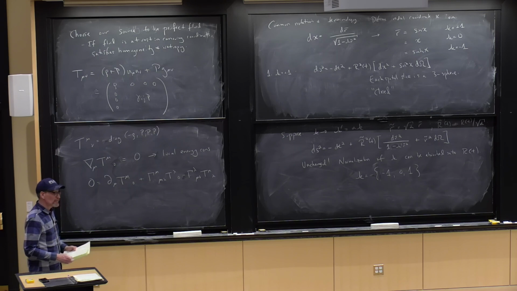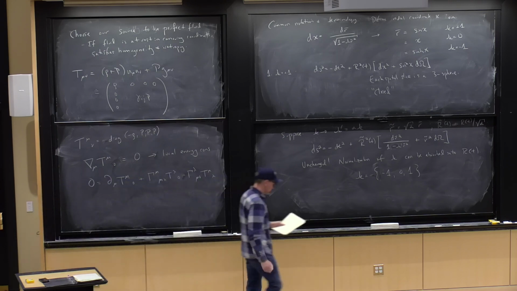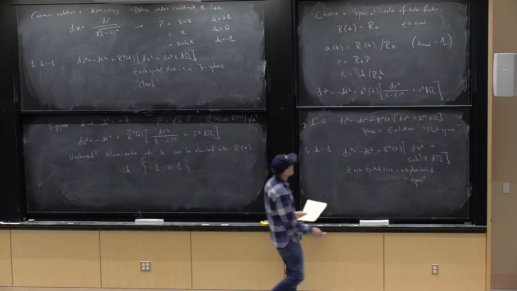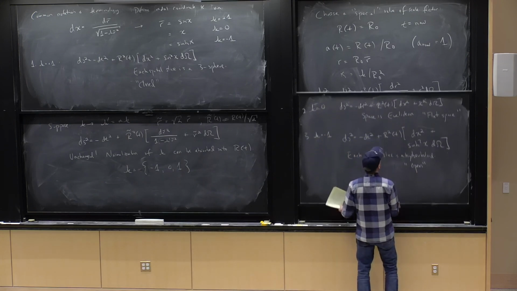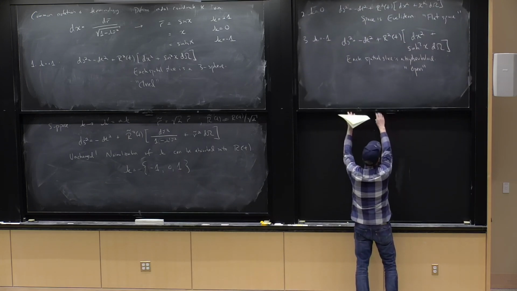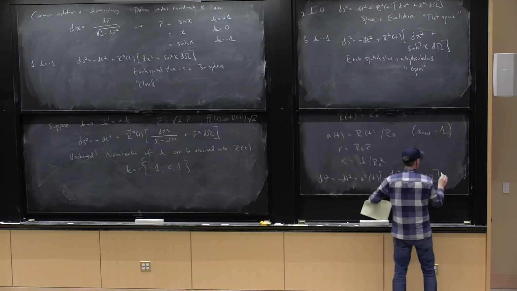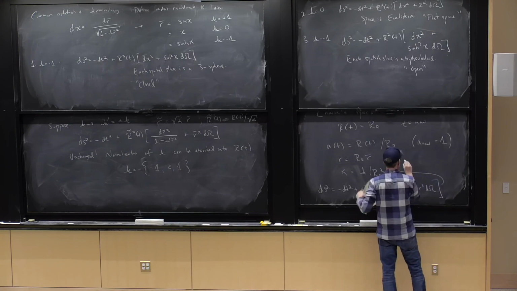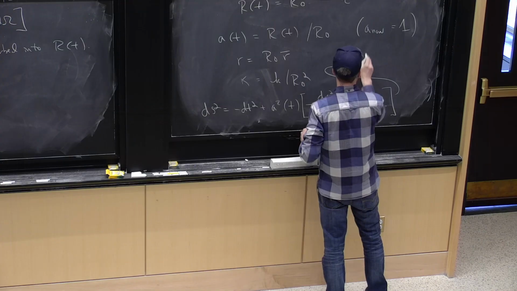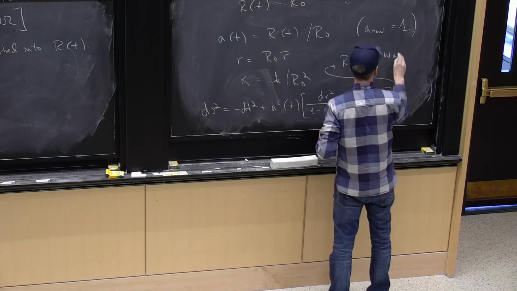By the way, I made a small mistake earlier. I should have told you that this spacetime is now called the Robertson-Walker spacetime.